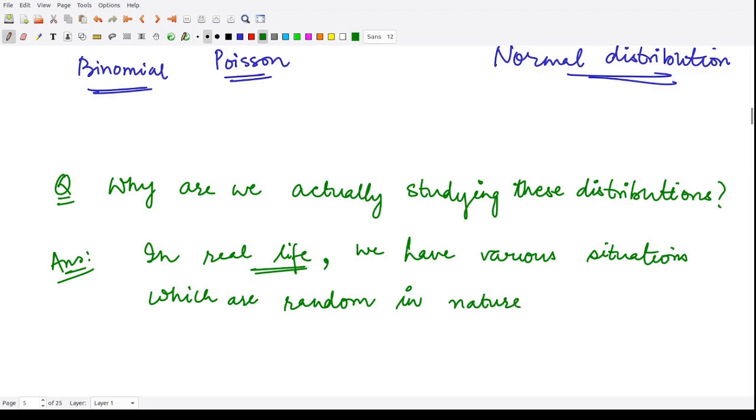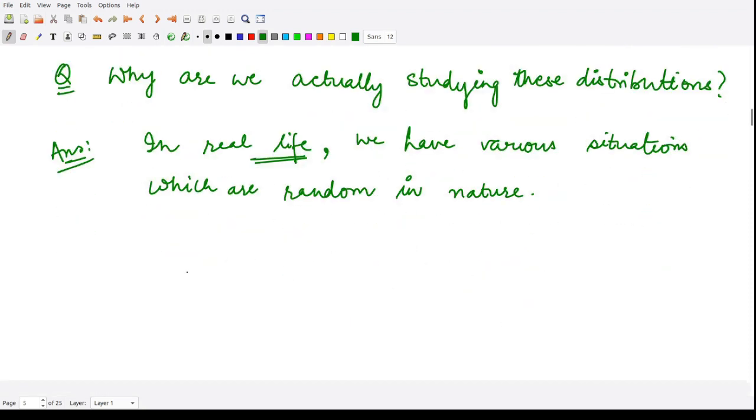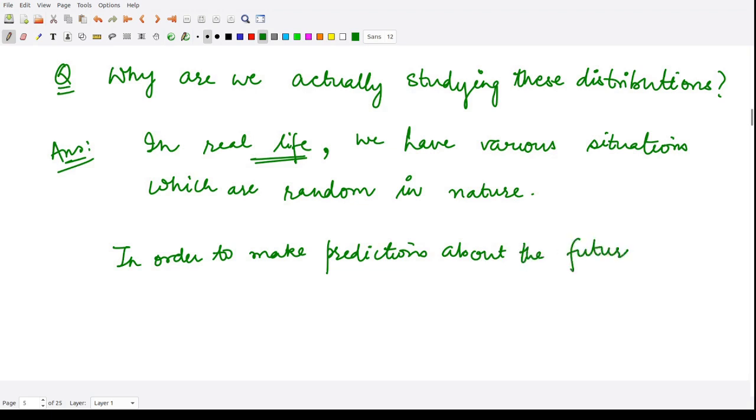So in order to make predictions about future events, we use mathematical models.